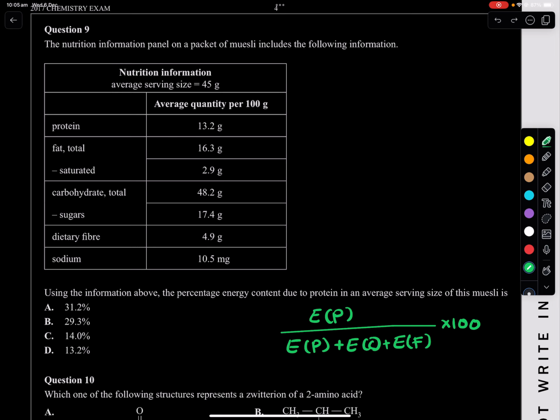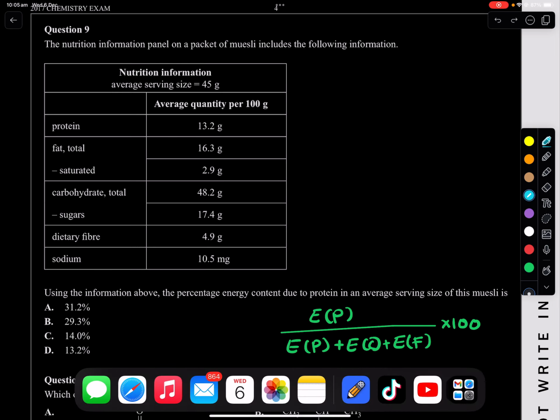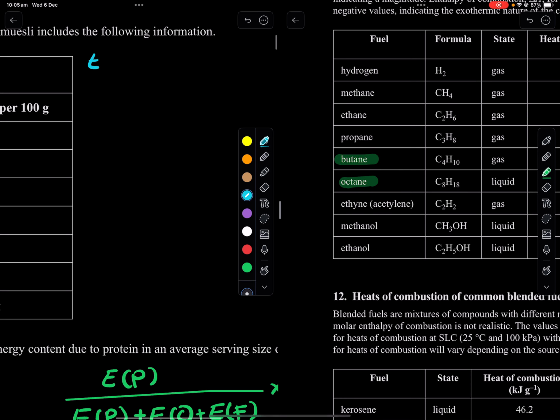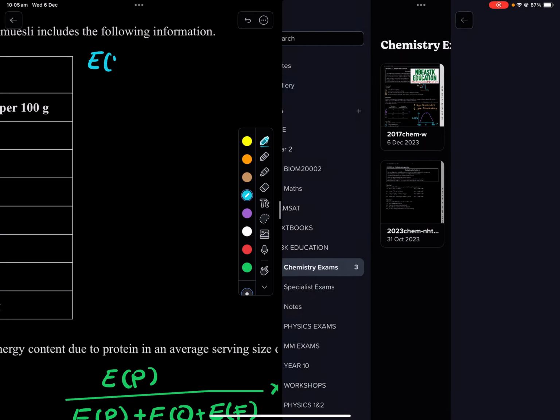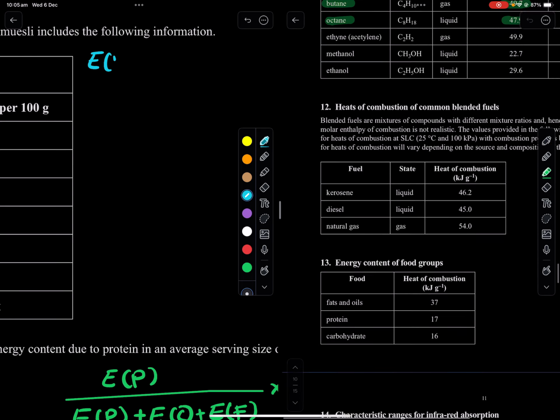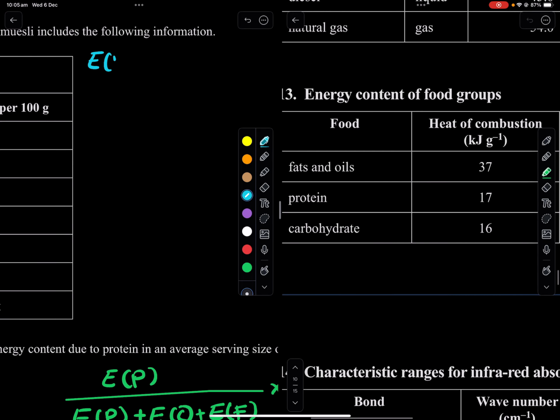So if we go to our formula sheet and look at the energies of proteins, let's write those down. The energies for protein: we know proteins have 17 kilojoules per gram.